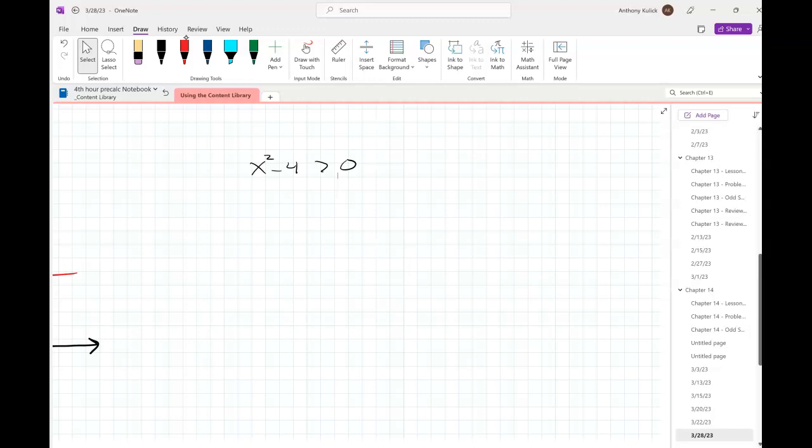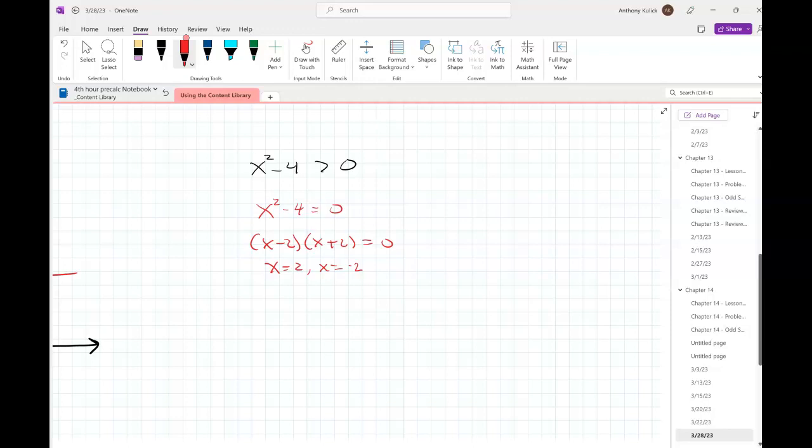I want to pretend this is the equation where it's equal to 0. And then you could add 4 to both sides and square root, or you could factor the left-hand side. Either would be appropriate here to solve. So let's just pretend we factored, because we've just been doing that.